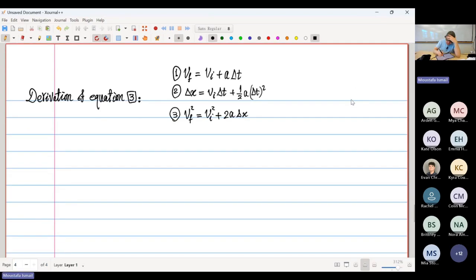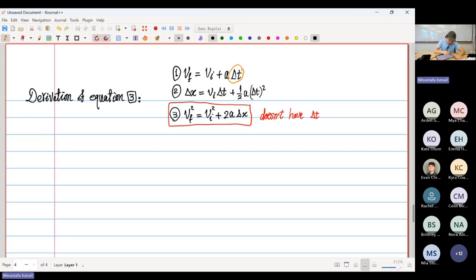The first thing you see in this equation, which we want to derive, is that it doesn't have delta t in it. This means we want to eliminate delta t from the first and second equations. So I'm just going to substitute delta t from the first equation into the second one to eliminate it.